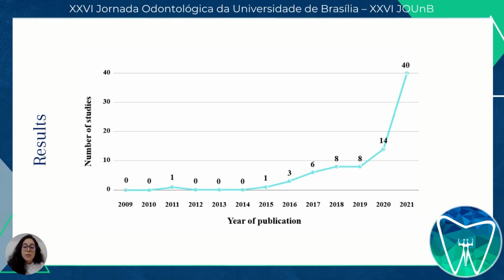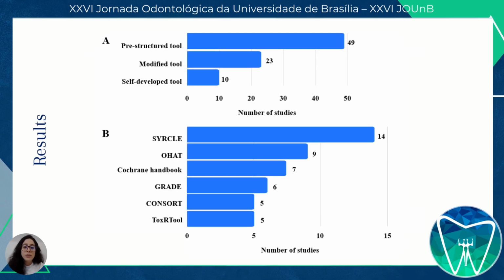There was just one publication in 2011 and 40 in 2021. From the 82 studies included, 49 adopted pre-structured tools, 23 used modified tools, and 10 self-developed tools.